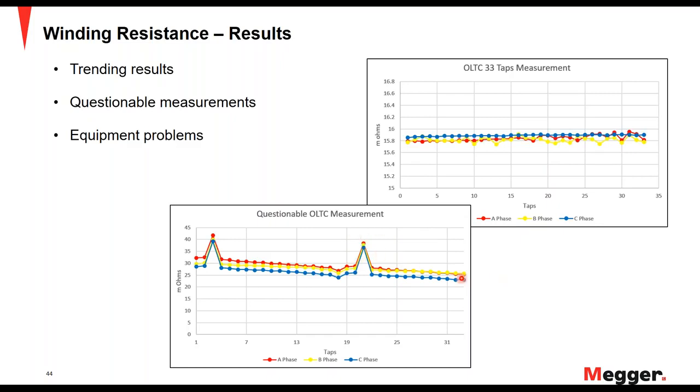These situations could be representative of a potential issue with the tap changer, and issues like coking, which will result in a higher winding resistance. That's why it's so important to have a graphical representation of the results, so that if there is any issue with test setup, that can be isolated, or if there are any equipment problems, those can be picked up and you can determine the options going forward.